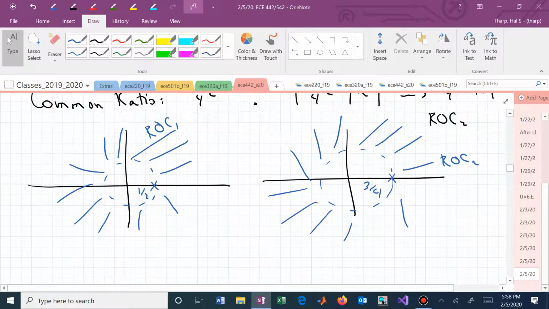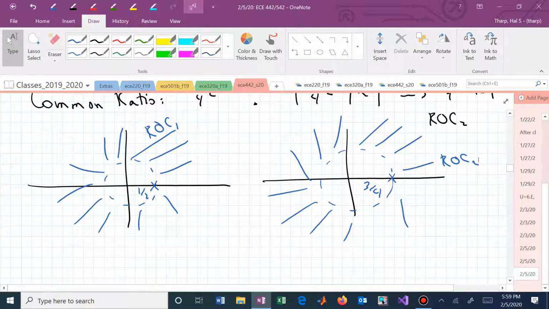But what do I now have? If I want both of these, I have to have both valid. What's the condition going to be for my region of convergence for little g? Now it's the intersection of those two, isn't it? It's going to be the area outside of this disk of radius 3/4.